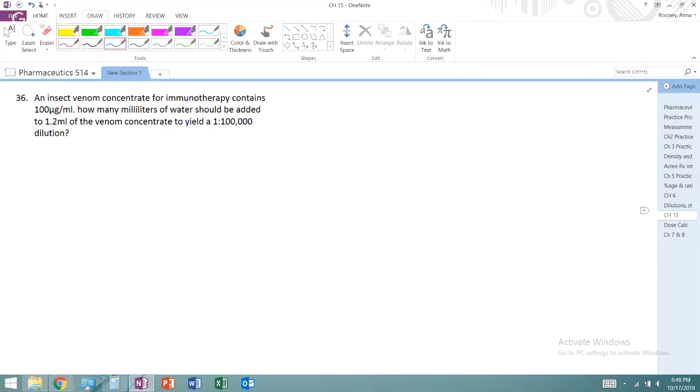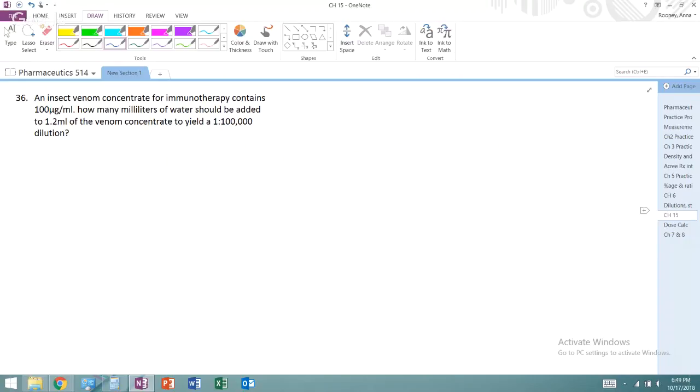Okay, so an insect venom concentrate for immunotherapy contains 100 micrograms per milliliter. How many milliliters of water should be added to 1.2 milliliters of the venom concentrate to yield a 1 to 100,000 dilution? So there are different reasons for doing this, because a lot of people probably would be looking at this and going, I don't see the point in taking a whole bunch of venom.